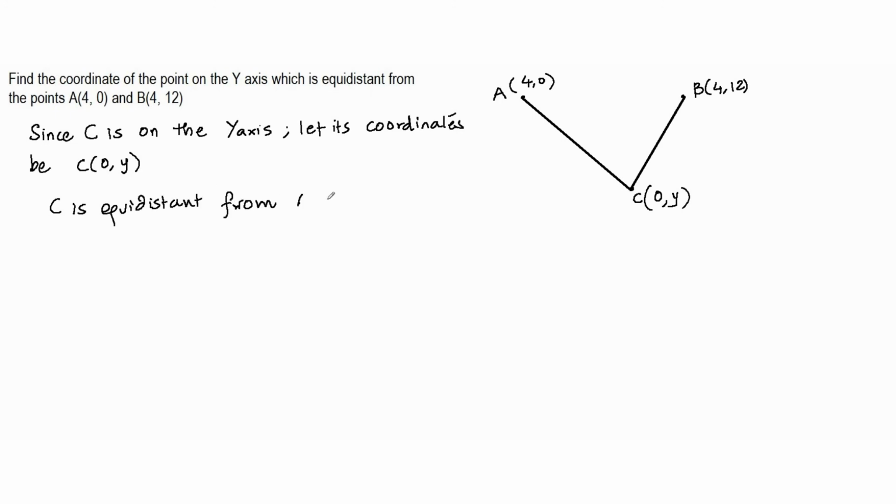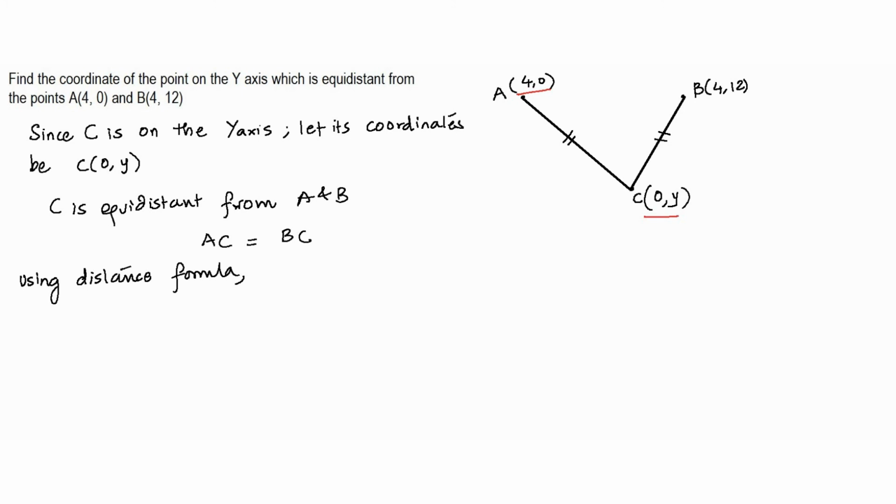So let me not make a mistake this time. So I can say that the length AC is equal to the length BC, because C is equidistant from these 2 points. And using distance formula, I can now frame the expression for AC and BC. So using distance formula, if I want to find the length of AC, then I will have to take the coordinates of A and C into picture.